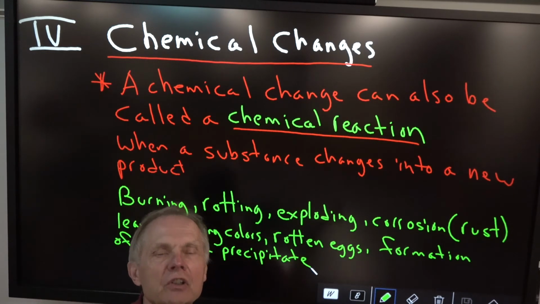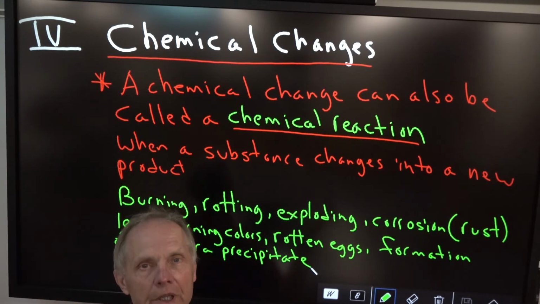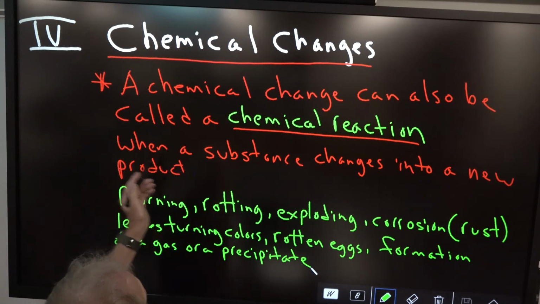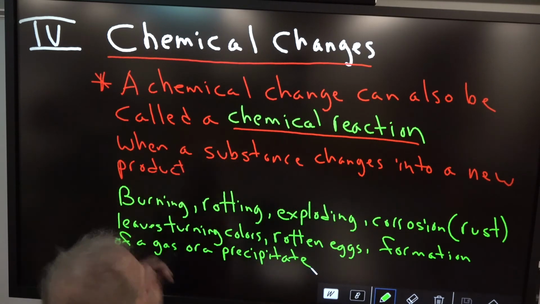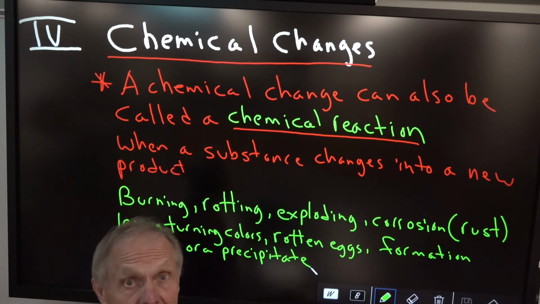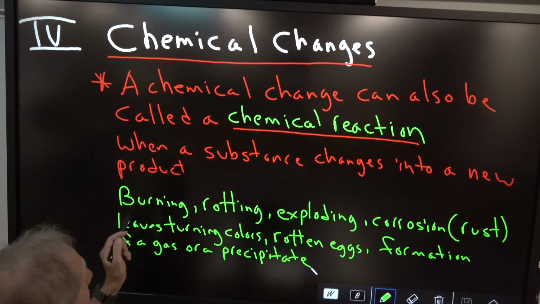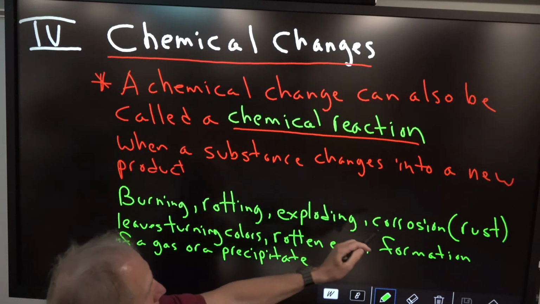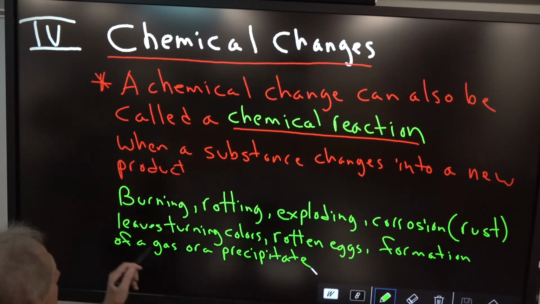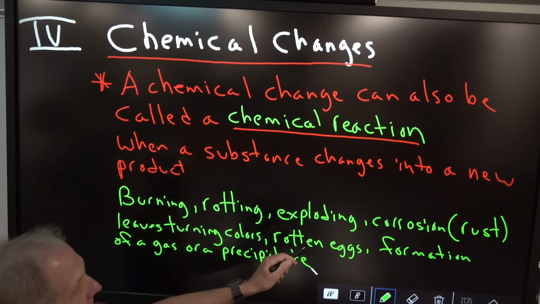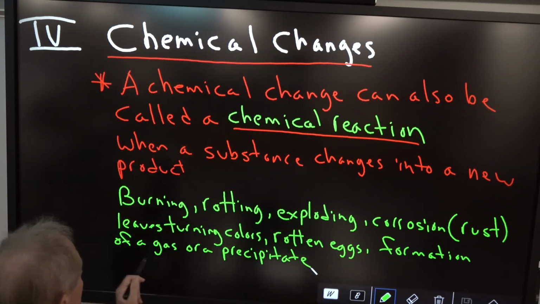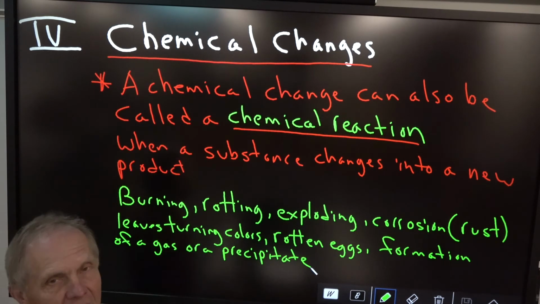The products are different from the reactants, okay? So when a substance changes into a new product from its reactants: burning, rotting, exploding, corrosion, which is rust, leaves turning colors, eggs rotting, formation of a gas or a precipitate.